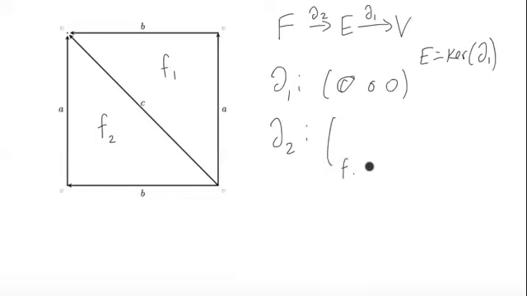We have face 1 coming in, face 2 coming in, and we'll note this is A, B, and C. So face 1 has A, B, and then negative C. Face 2 goes to positive C, and then minus minus. Okay, so that's the partial 2 map for this particular one.